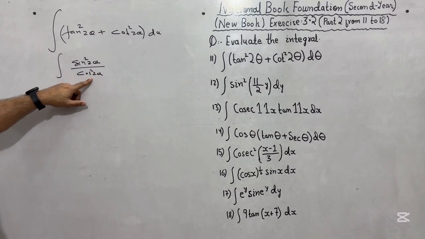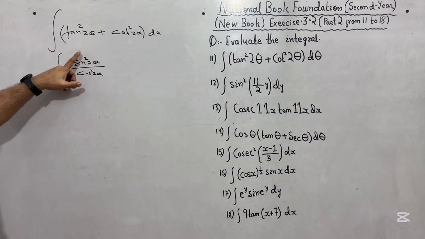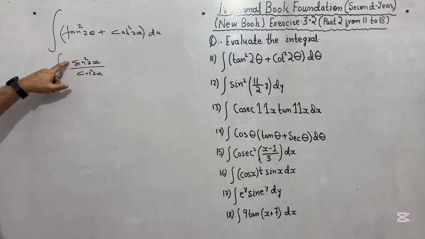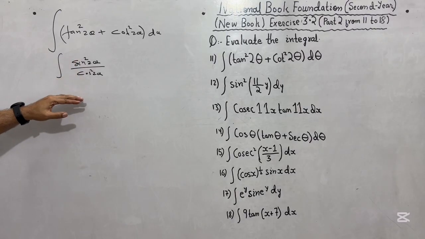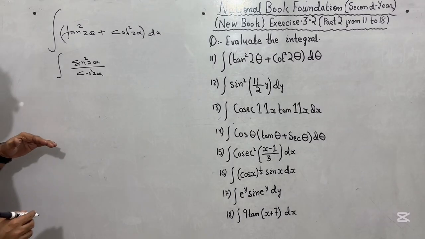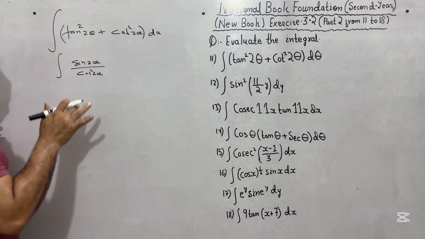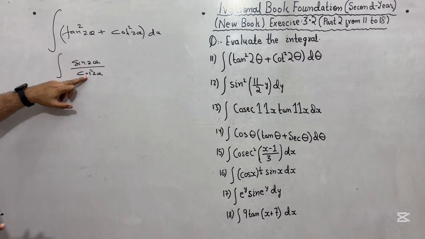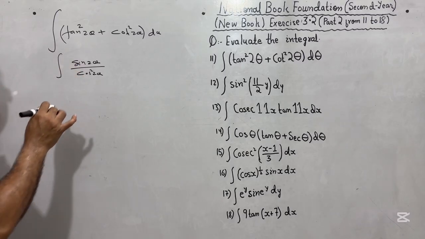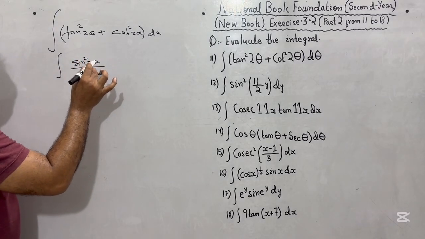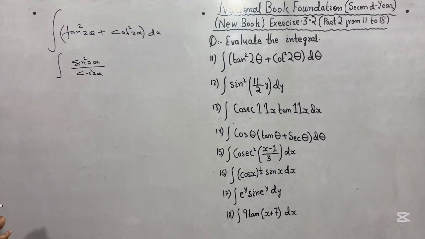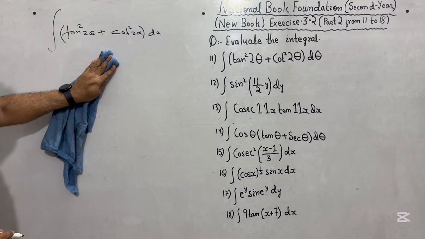Differentiation of cos is only sin, not sin square, and differentiation of sin is not 1 over cos square. So this strategy doesn't work. If there would have been sin, then it's our function's derivative, but that is not the case. There is a square, so this strategy fails.